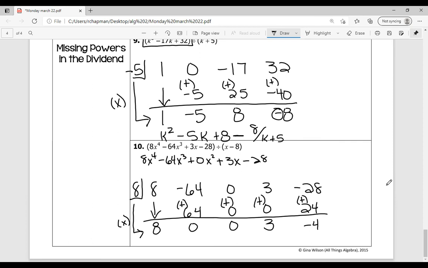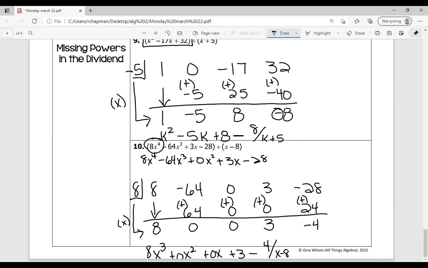So technically, your answer is 8x to the third, because our biggest exponent to start with was a fourth, plus 0x squared plus 0x plus 3 with a remainder of negative 4 over x minus 8. If you type in those two zero terms, Math Excel is going to mark it wrong.